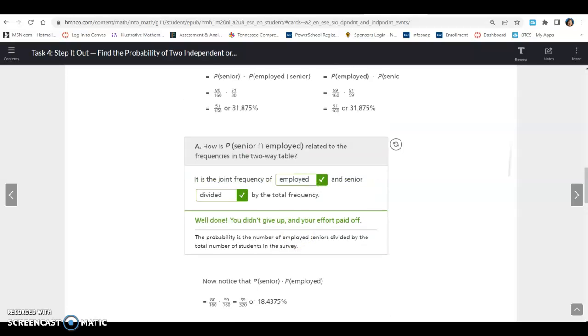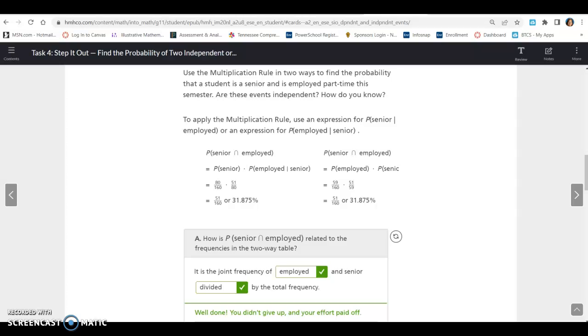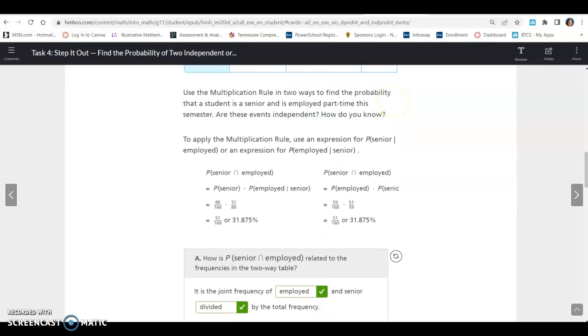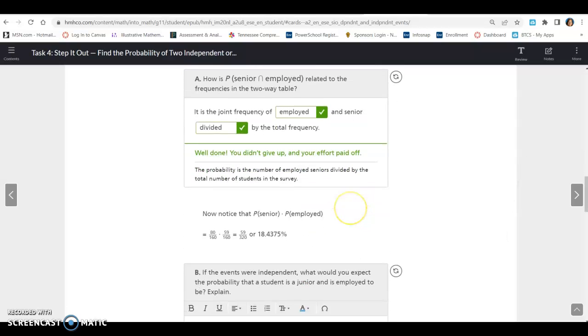The total frequency is like the total amount that it happens each time. So the total amount altogether is 160, but each column also has a total as well, and you can see each time it's divided by either the total amount or the total in that column.